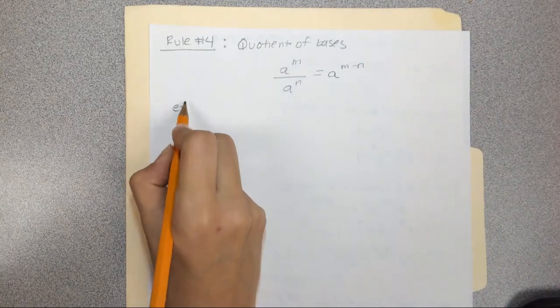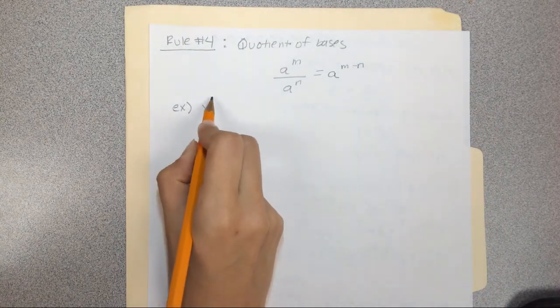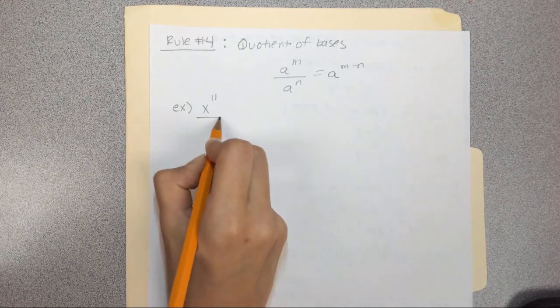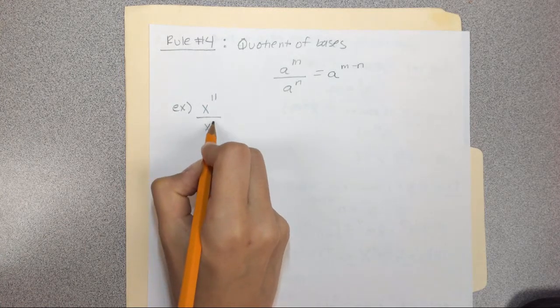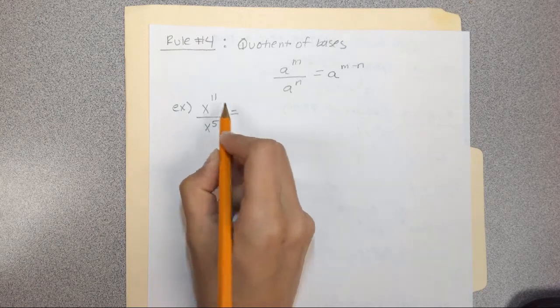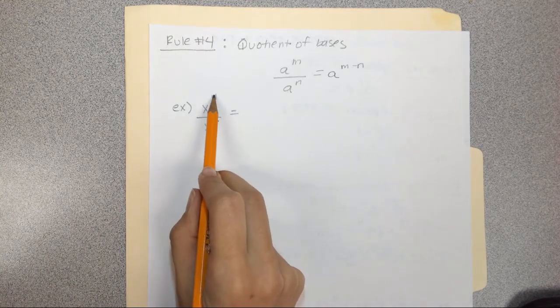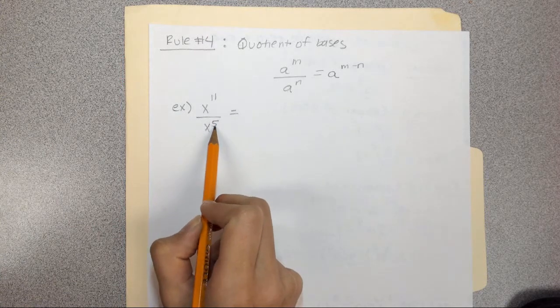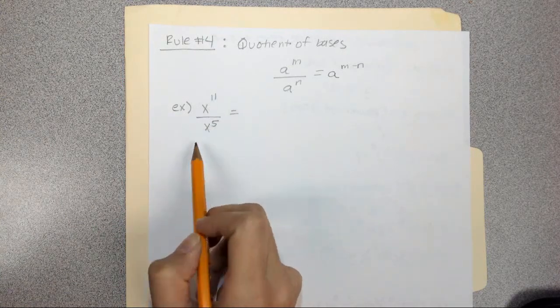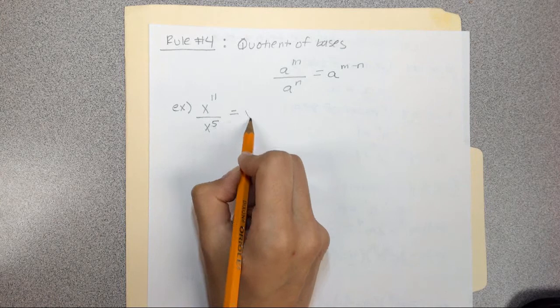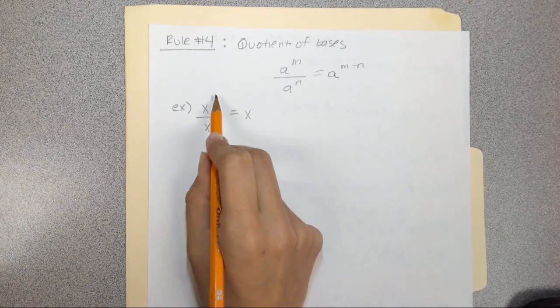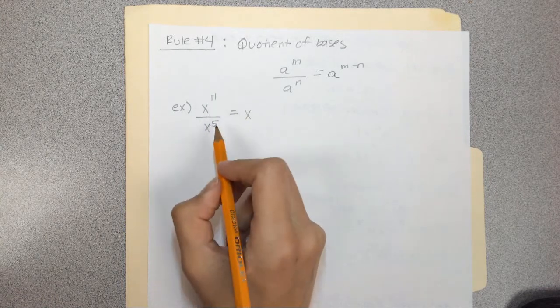It helps to look at some examples for this. So let's say I had x to the power of 11 divided by x to the power of 5. Well, where do I have more? I have 11 in the numerator, but only 5 in the denominator. 11 is greater than 5. That means I'm going to write the difference between these two up top.